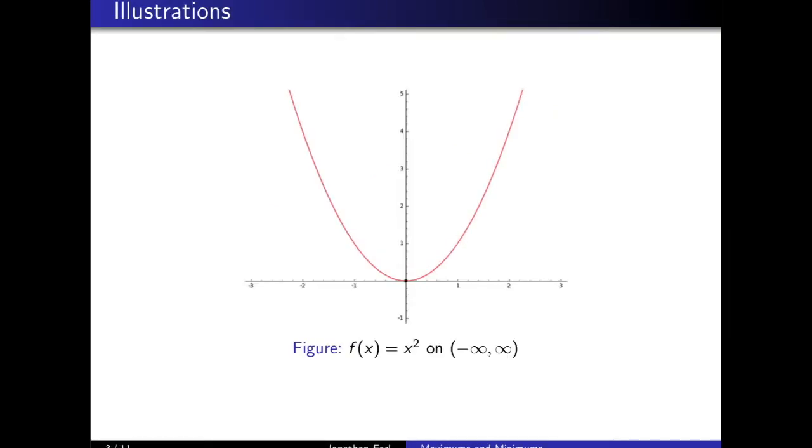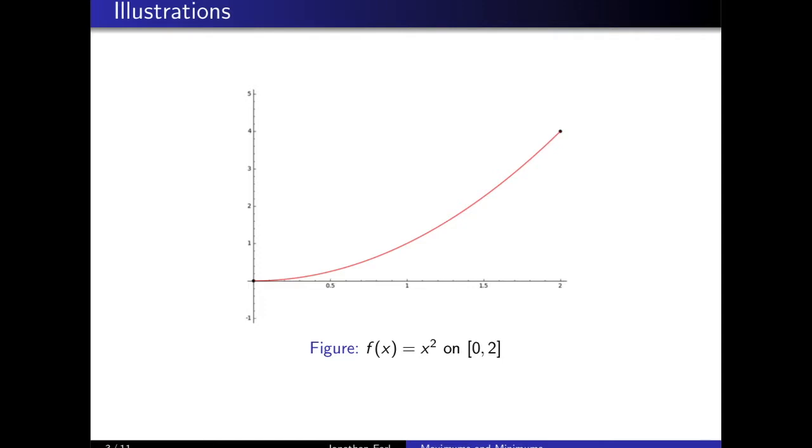Now, let's say that we went and we looked at the function x squared over the entire real line. If we did that, we would have that the absolute minimum is 0 because the function is 0 at x equals 0, and there are no smaller values. But there's clearly no absolute maximum here because the function goes off to infinity.